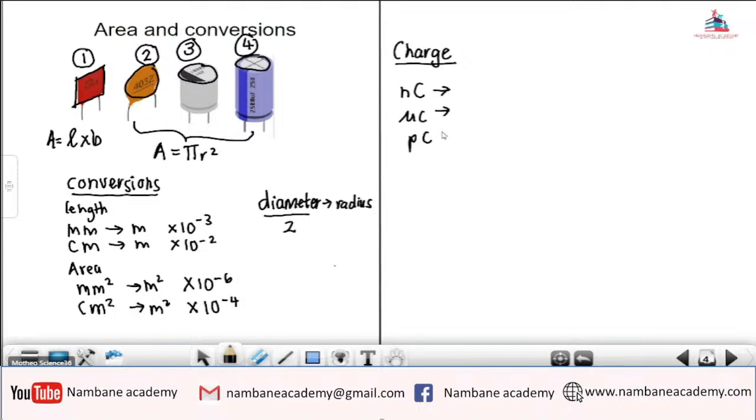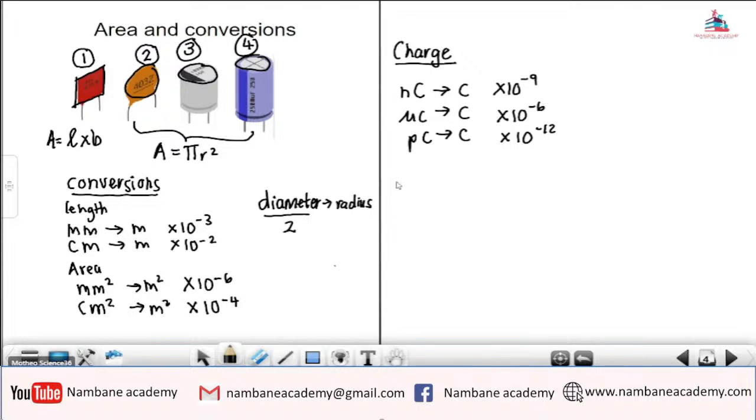The fact is charge is measured in coulombs, so you need to convert before using the formula. Nano is 10 to the power negative 9, micro 10 to the power negative 6, and pico 10 to the power negative 12. So you must make sure in the topic of capacitance, topic of stress, topic of hydraulics, you have the correct units for area. And then for charge, it is now here in this topic.